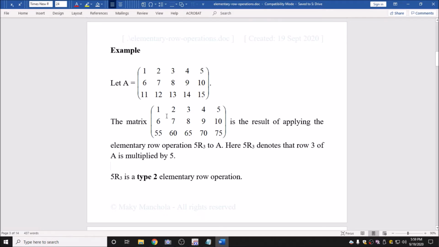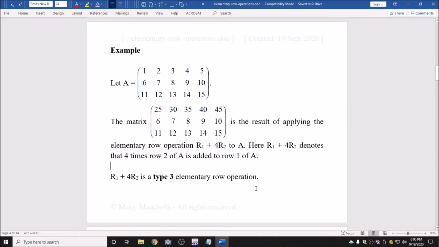The matrix 1, 2, 3, 4, 5 first row, 6, 7, 8, 9, 10 second row, 55, 60, 65, 70, 75 third row is the result of applying the elementary row operation 5R3 to A. In this case, 5R3 denotes that row 3 of A is multiplied by 5. 11 times 5 gives you 55, 12 times 5 gives you 60, up until 15 times 5 gives you 75. 5R3 is a type 2 elementary row operation.